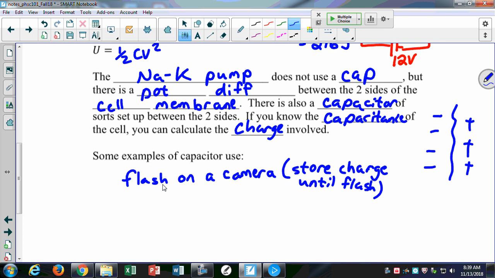Anybody ever seen an old camera where you hear a little buzz? That's the capacitor charging up. So you can have a flash on a camera, or you can have a flashing light. Anytime you have a regular, recurring electrical event, that's usually because of a capacitor. Because the capacitor charges, discharges, charges, discharges.